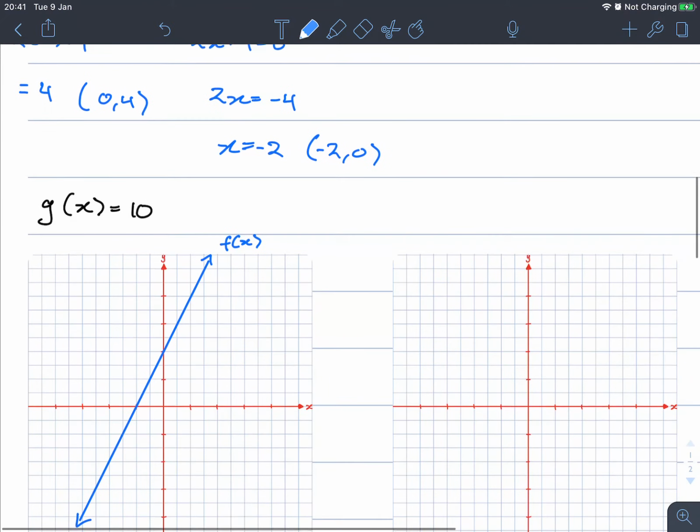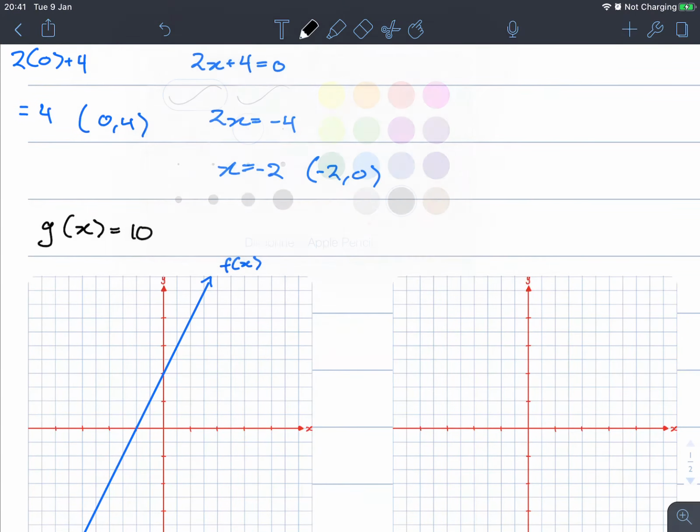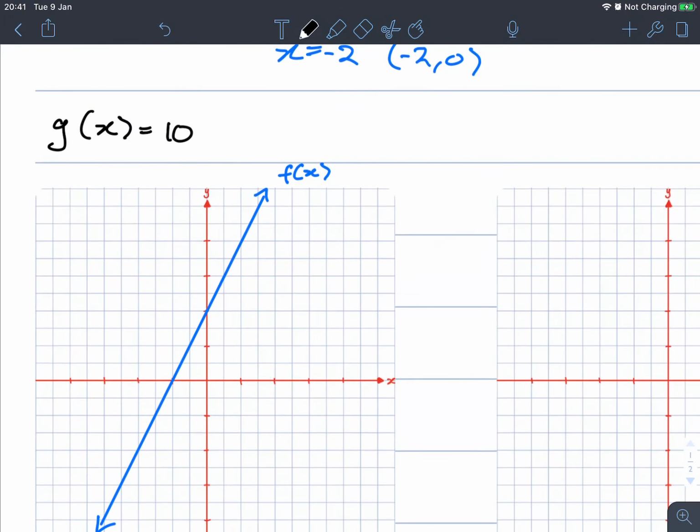Now my function g of x equals 10 is just a horizontal line at y equals 10. That's really 2, 4, 6, 8, 10, up to this line here. So it is a horizontal line that goes like this.